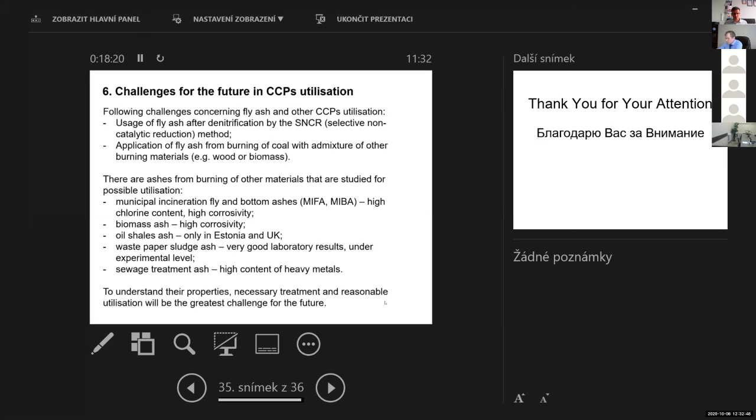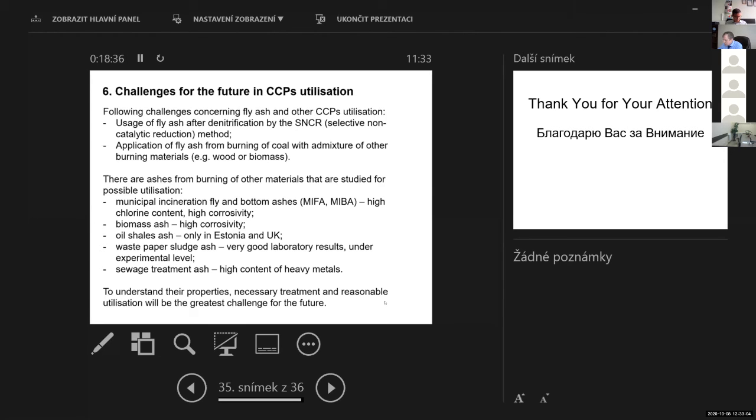However, the ammonium is bound with fly ash particles, and the parameters of that fly ash are more complicated.